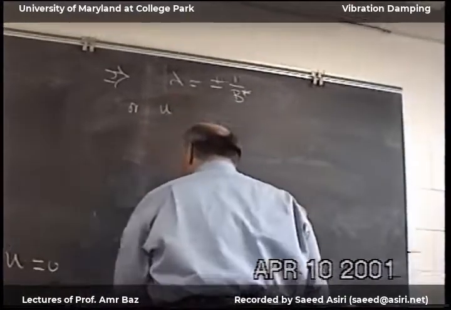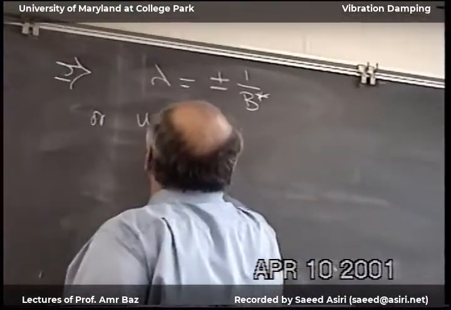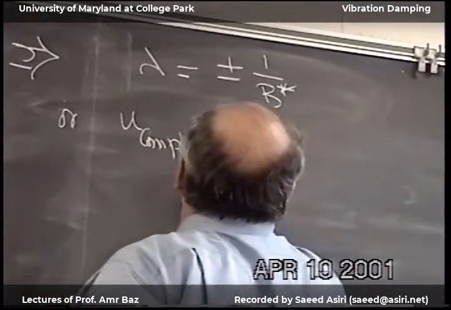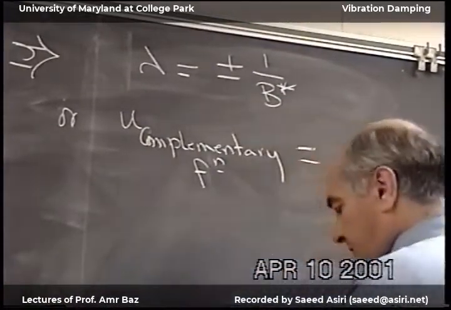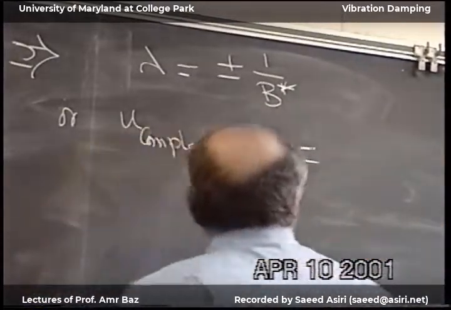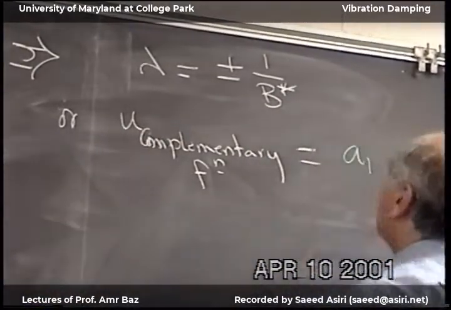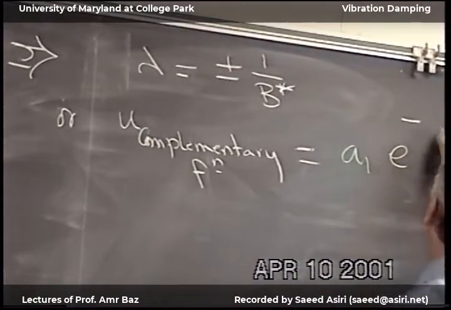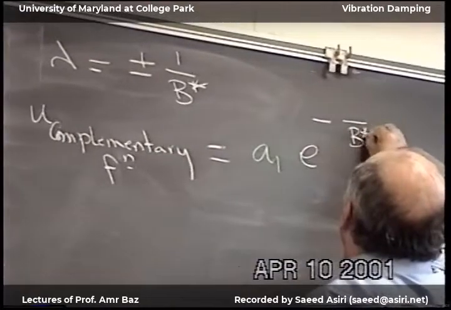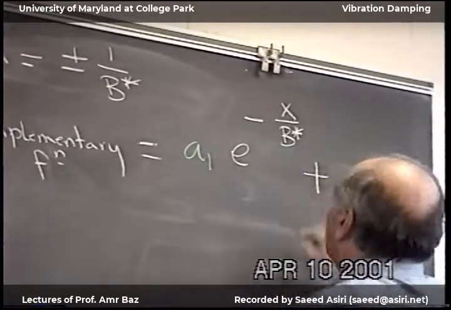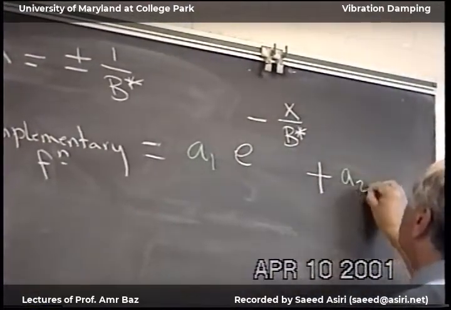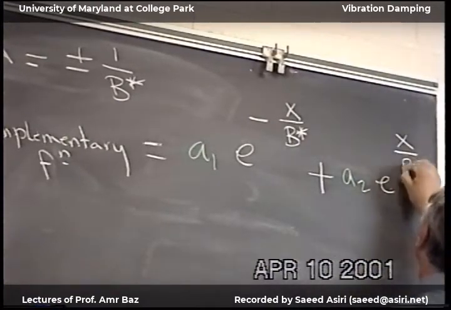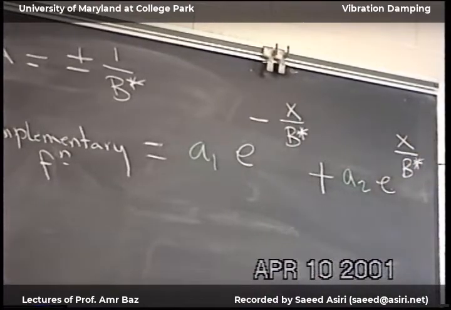The complementary function u will equal some constant a1 e to the minus x over b asterisk plus another constant a2 e to the plus x over b asterisk.